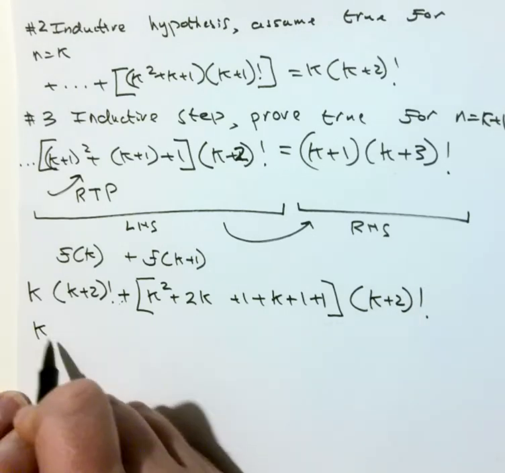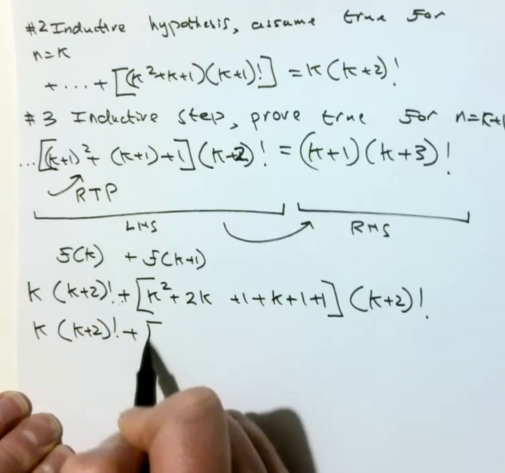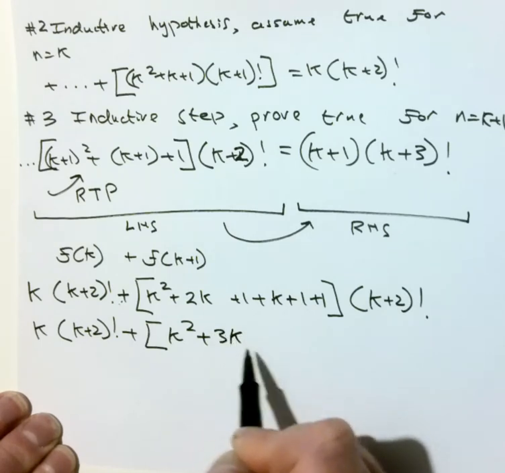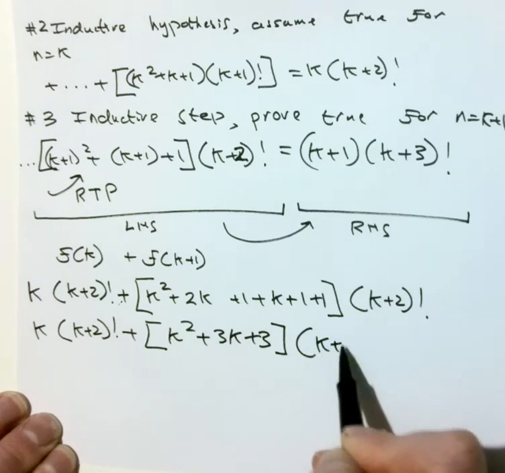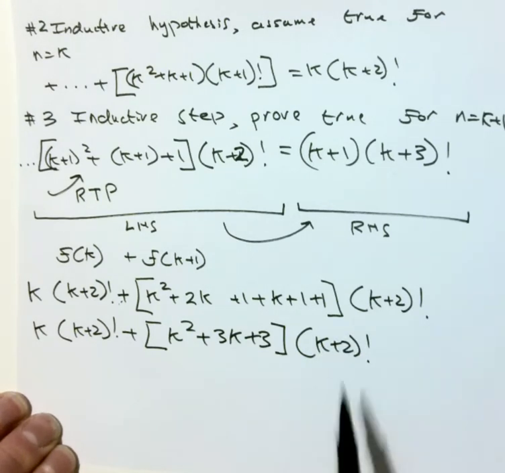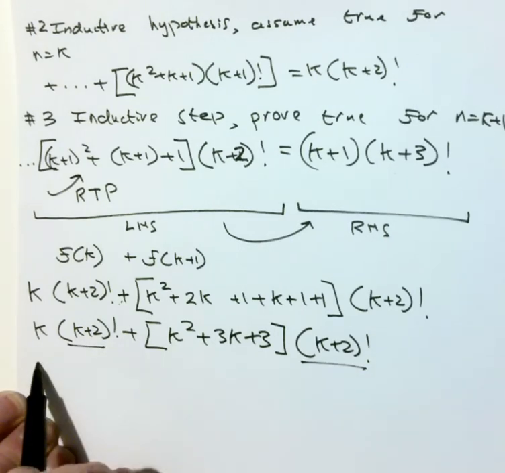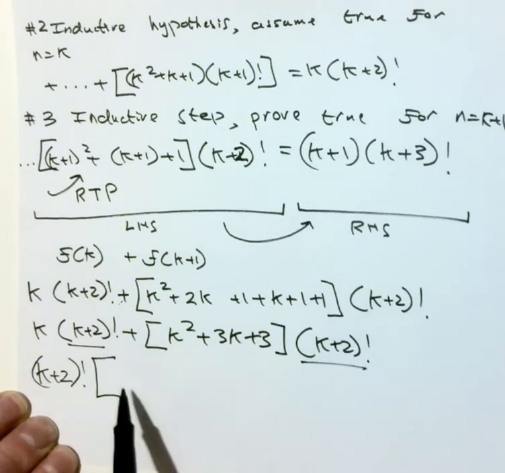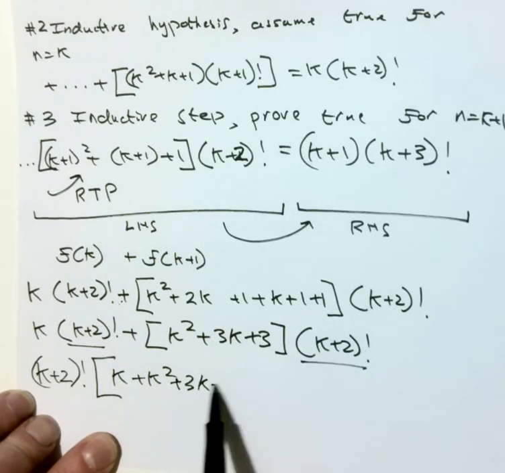So let's tidy this up then. So we've got k plus 2 factorial, k squared plus 3k plus 3, k plus 2 factorial, and we can see that we're slowly getting there. So we can factor out k plus 2 factorial, and we are left with k plus k squared plus 3k plus 3.